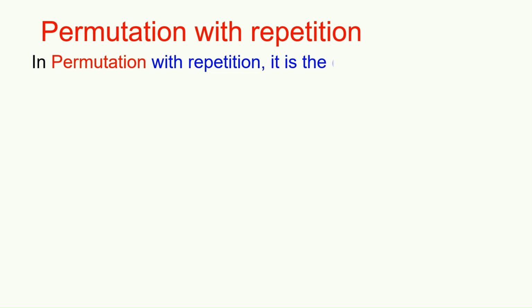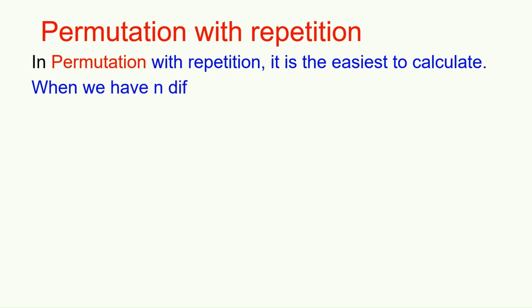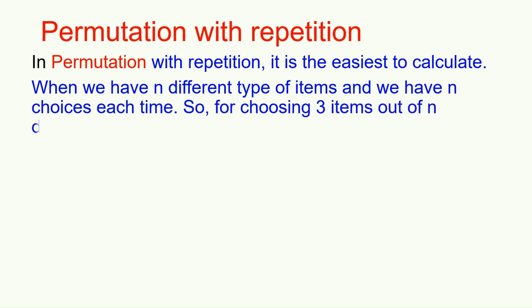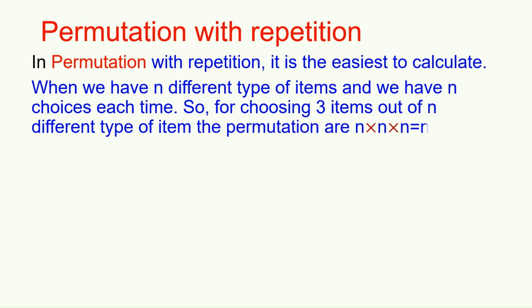In permutation with repetition, it is easier to calculate when we have n different types of items and we have n choices each time. So, for choosing 3 items out of n different types of items, the permutations are n times n times n equals n to the power of 3.